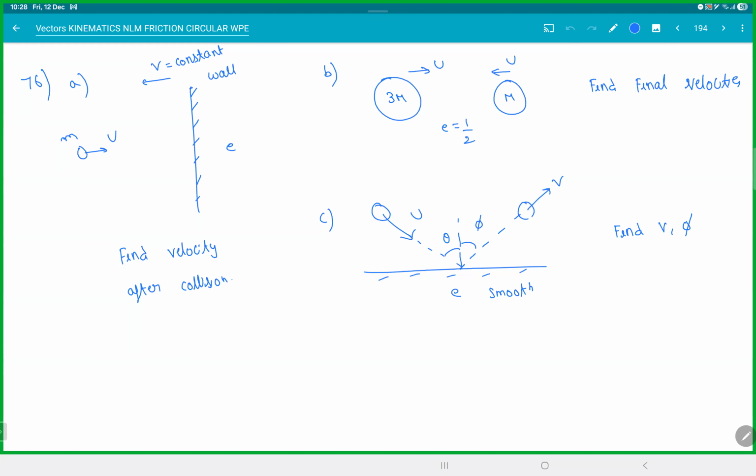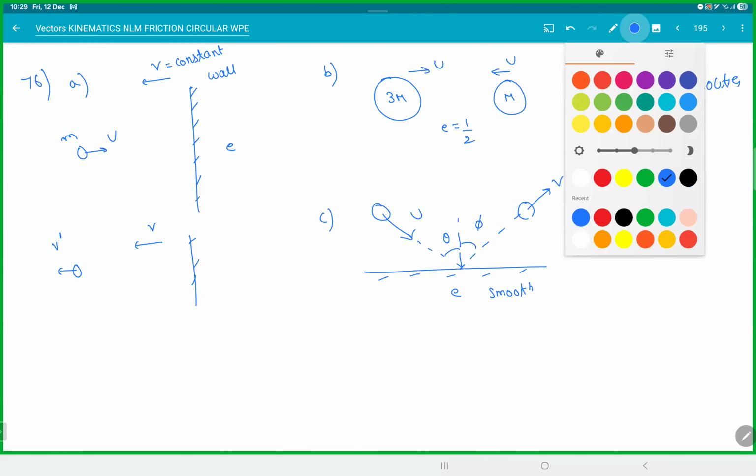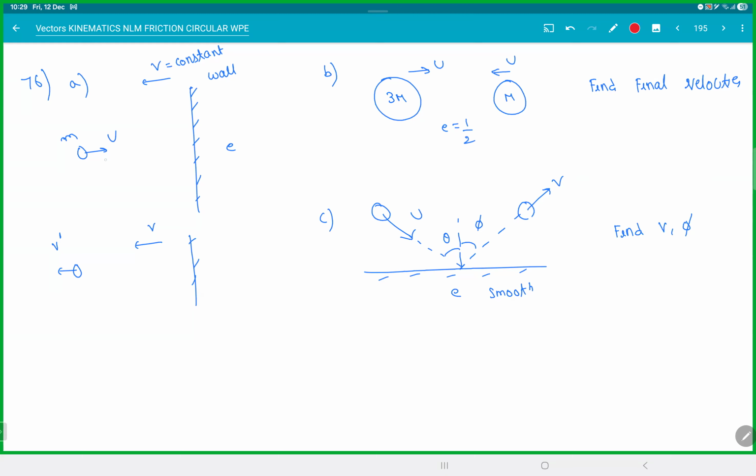So how do you do the first one? You can just use restitution. Remember, after the collision gets over, the wall continues with speed v, and this guy goes with v dash. So define who is your u1 and u2. This is your u1, and that is your u2. This is your v1, which is minus v dash i cap.